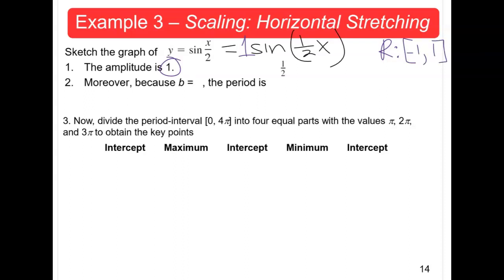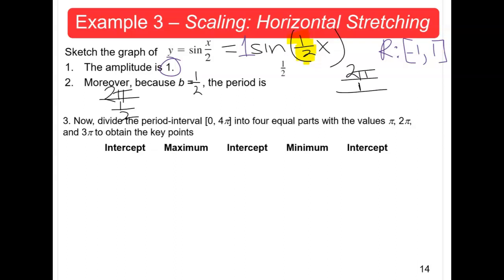Then we have this b value of 1/2, and so that helps us determine what the period is. So since b is equal to 1/2, we will calculate what is 2 pi divided by 1/2. So to do that, actually I'll need more room here. So 2 pi, we'll put a 1 on the bottom.